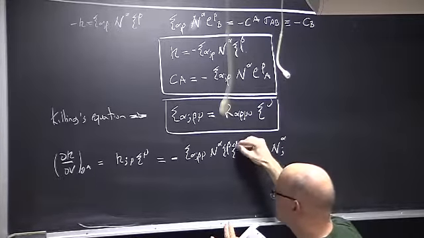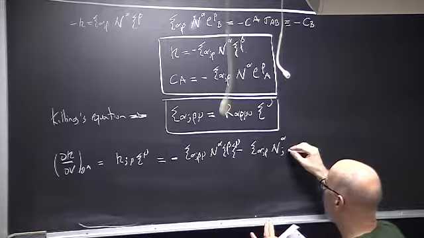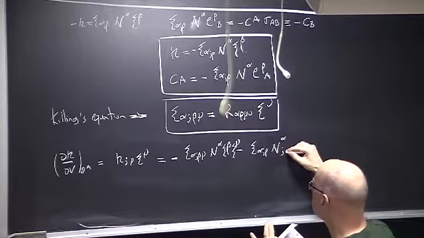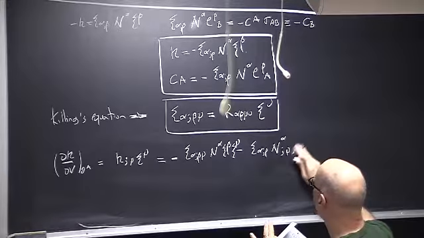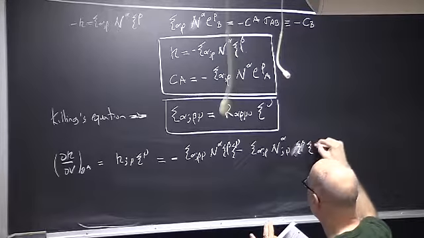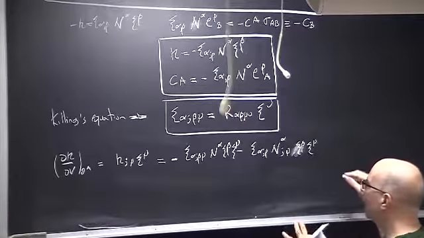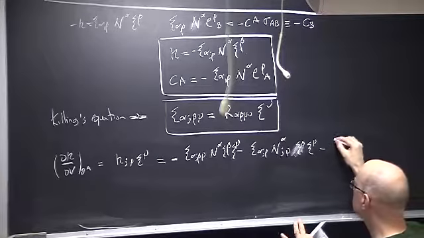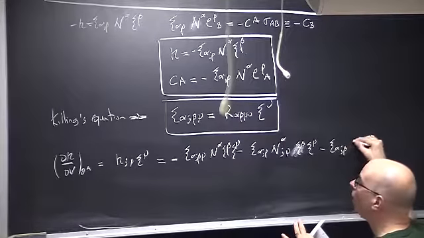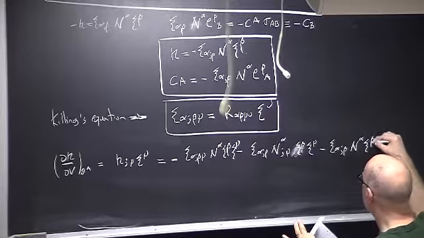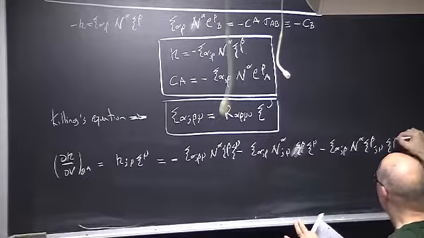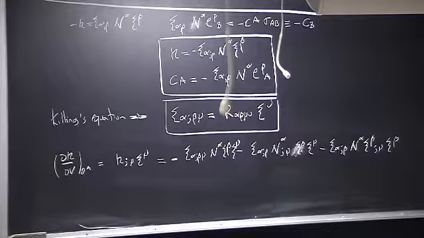We're going to get n differentiated, and finally we're going to get c differentiated, all in the direction of c. Okay, well, we just need to work on this a little bit.